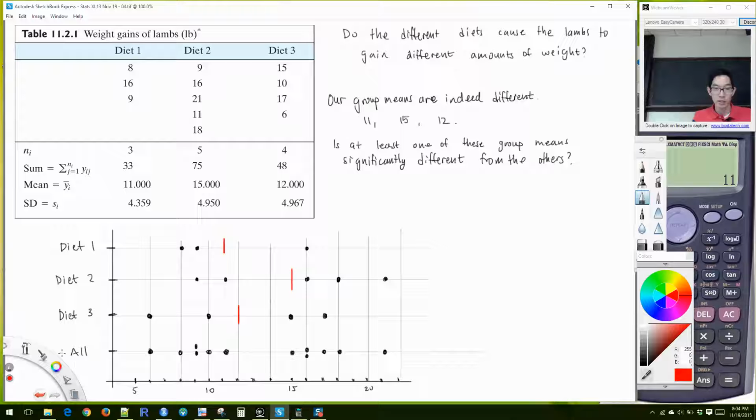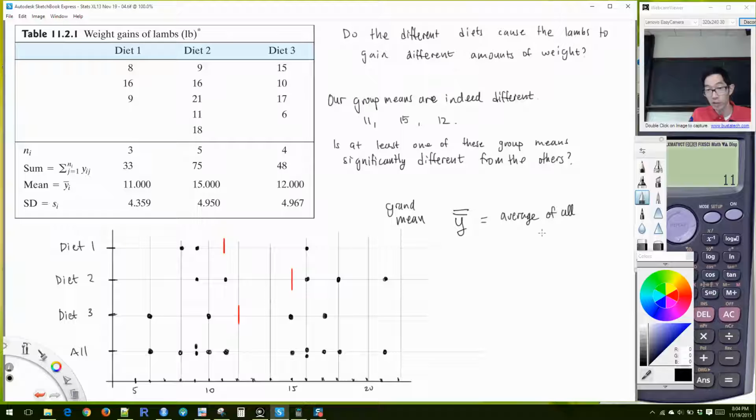And the overall grand mean: we have this concept called the grand mean, y double bar. This would be equal to the average of all data points, and we have a total of 12.